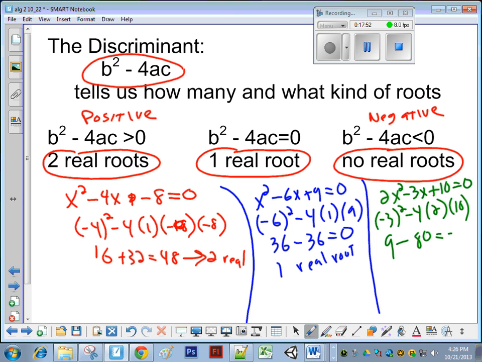And that would be negative 71. So you'd say no real roots. Okay, thank you very much.